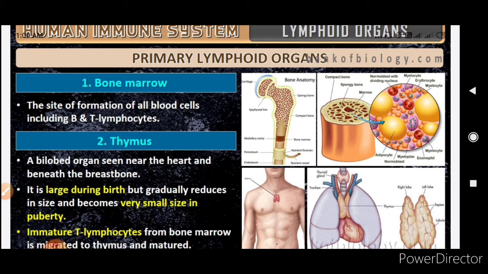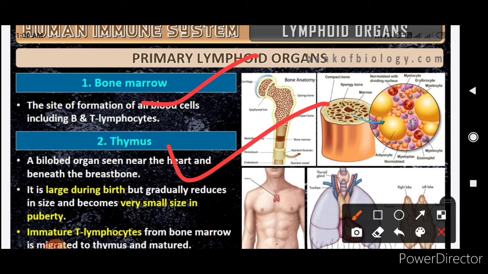In primary lymphoid organs we saw bone marrow and thymus. In bone marrow, the formation of blood cells occurs, and B and T lymphocytes are also formed. Thymus is a bilobed organ present near the heart, beneath the breastbone, and it is large during birth but gradually reduces in size and becomes very small. Immature T lymphocytes from bone marrow migrate to the thymus and mature.